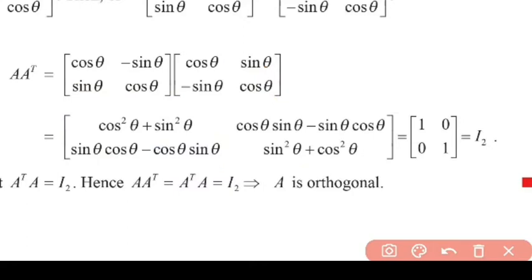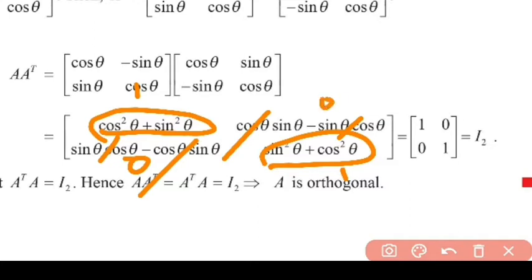We know by trigonometric identities that these values are 1: sin square plus cos square equals 1. Here sin theta cos theta minus sin theta cos theta cancel to 0. Here also the value is 0.